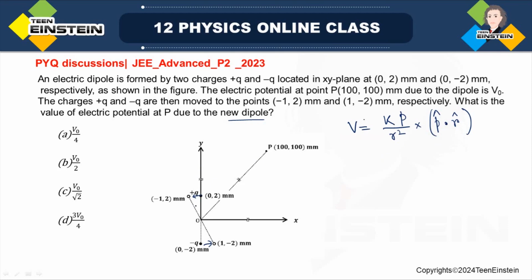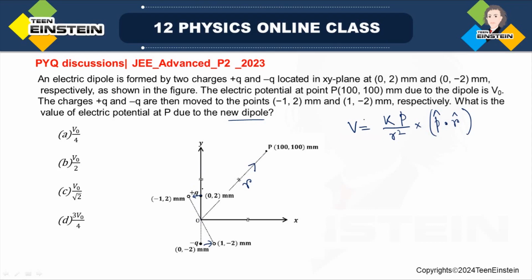So for these two dipoles, we'll see what is this direction or unit vector of the respective dipoles. Both the magnitude and the direction of the position vector from both the dipoles is actually the same. If I say the position vector has magnitude of the distance, that is r, this is fixed for both the dipoles. Even the unit vector is also fixed for both the dipoles.